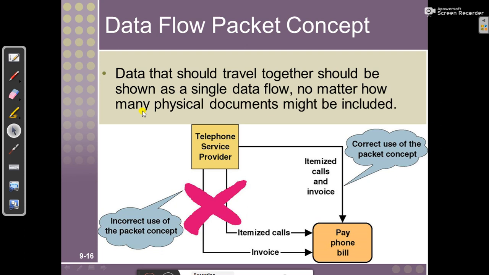techniques. Data that should travel together, when we are displaying data flow in a DFD, should be shown as a single data flow, no matter how many physical documents might be included.